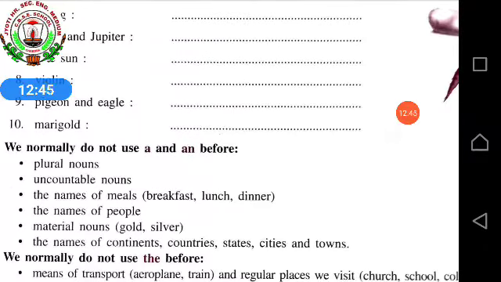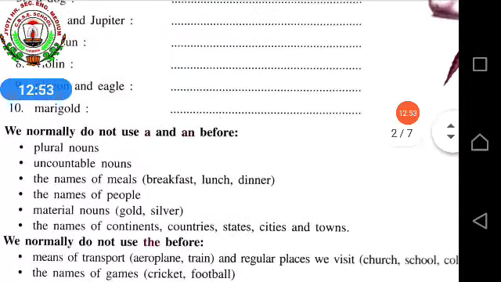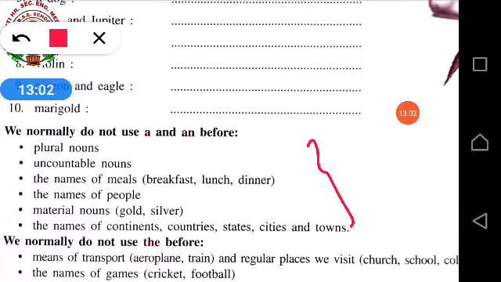Next. All these things madam already told you. We normally do not use a and an before plural nouns, uncountable nouns, the names of meals (breakfast, lunch, dinner), the names of people, and material nouns (gold, silver). These are the important points which show us where we don't use a or an.